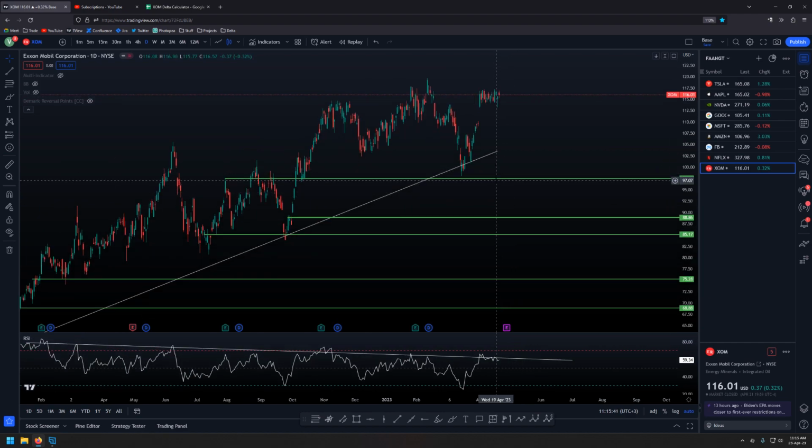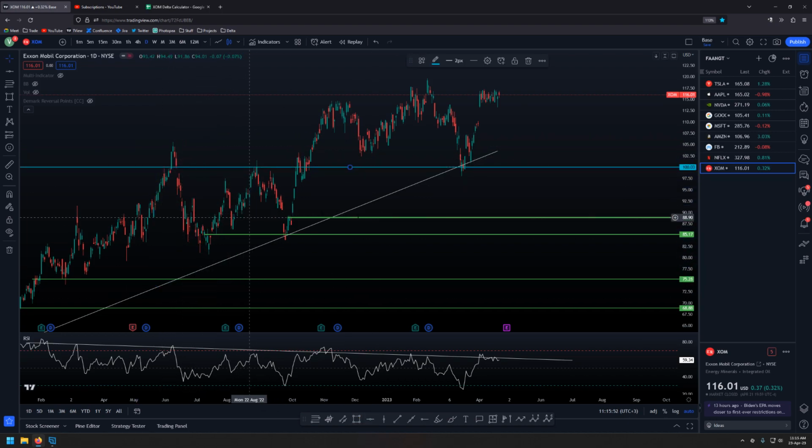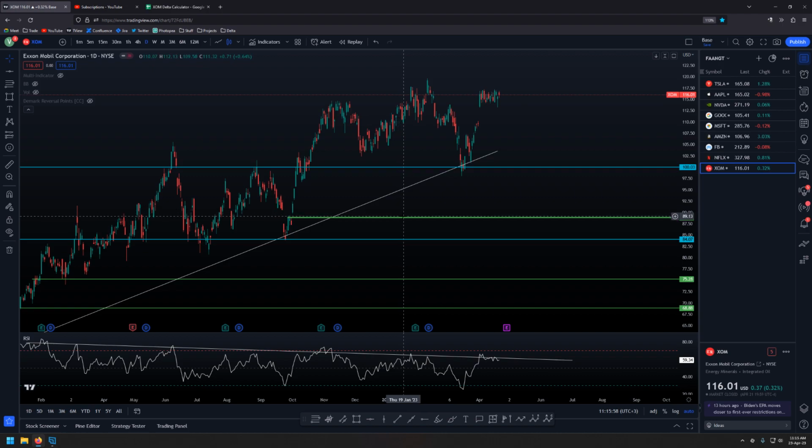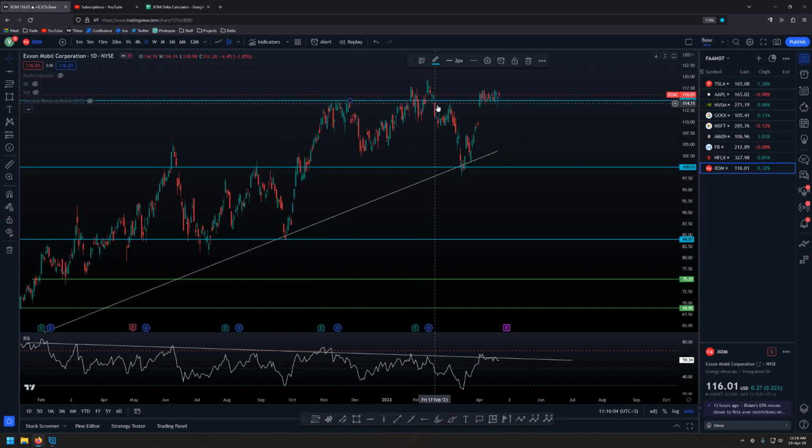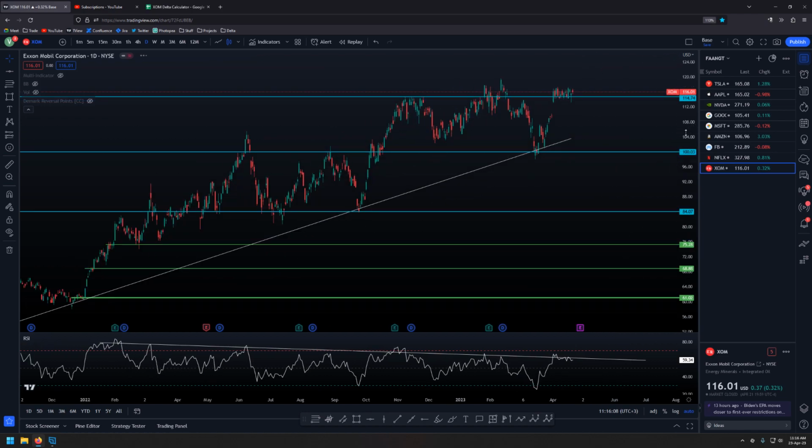I didn't draw the levels for this one similar to the other ones, but we can do it now. First one is this. Then we have this. And at the top, I actually don't like that one. It's below, not above. It's consolidating above.